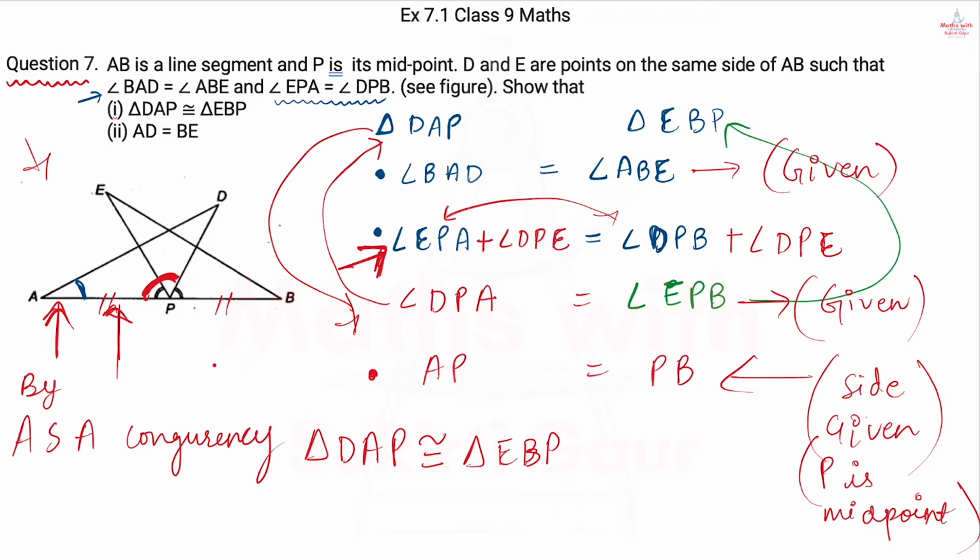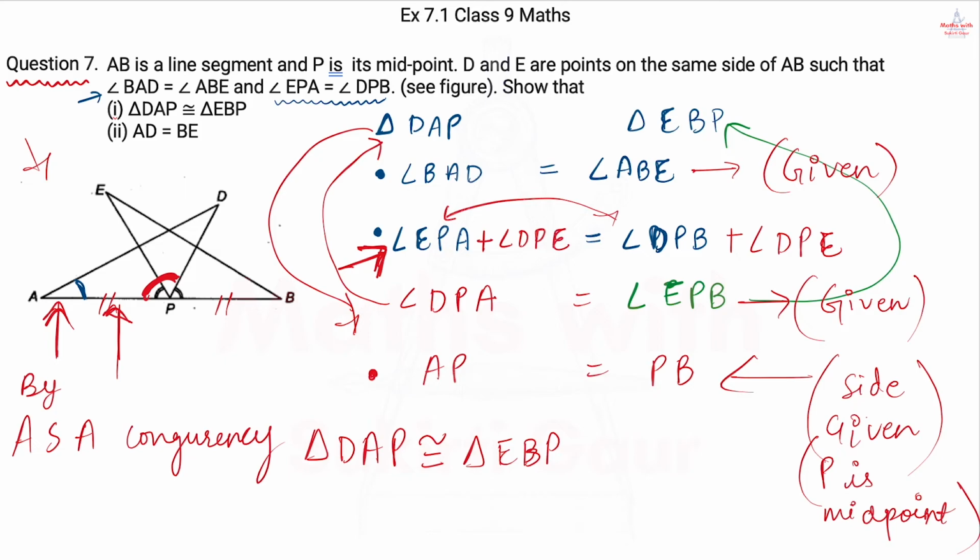Triangles sometimes get us very confused about where they are and what we need to take at first so that we can prove them congruent. But if you see carefully and give time to each and every question, you will get to know that this is very easy. So by ASA congruency, triangle DAP is congruent to triangle EBP.